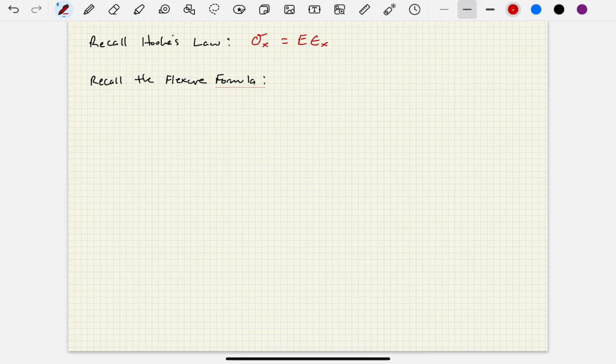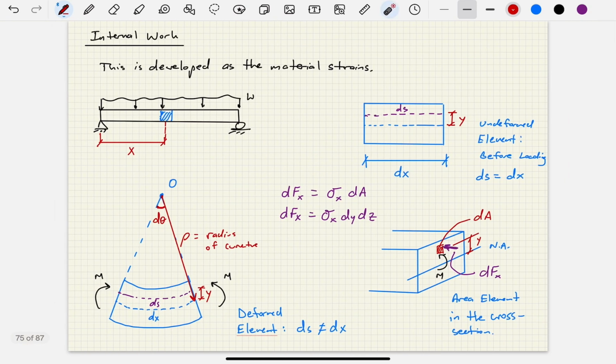And then the flexure formula from mechanics of materials says sigma x equals My over I. So I can utilize these two and put this together with these relationships to build out my internal work theory.